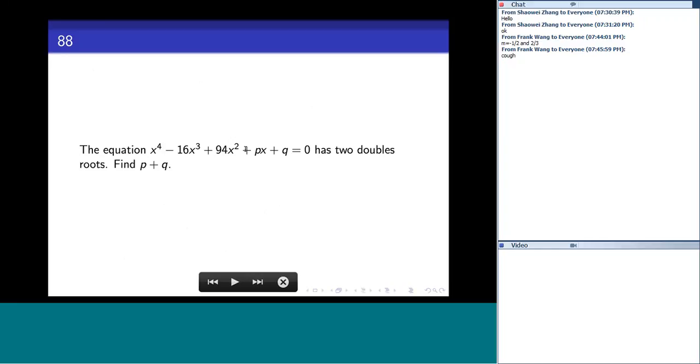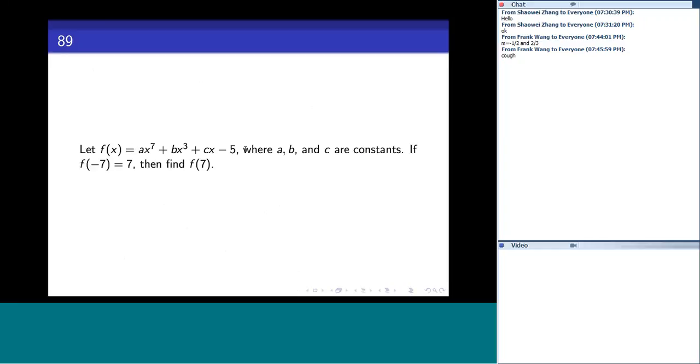Okay, next one. Probably a lot of misspellings on the slide because I didn't really get time to check. So ax^7 plus bx cubed plus cx minus 5. If f(-7) equals 7, then what is f(7)? Let's check with William. Negative 17.